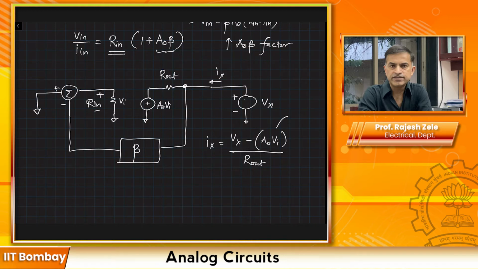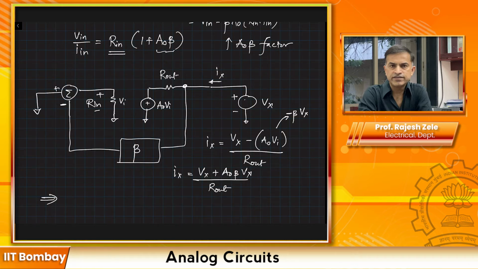And Vi is given by beta times Vx with a negative sign because we are subtracting at the input, and the result will be Ix is equal to Vx plus A0 beta Vx, divided by Rout.